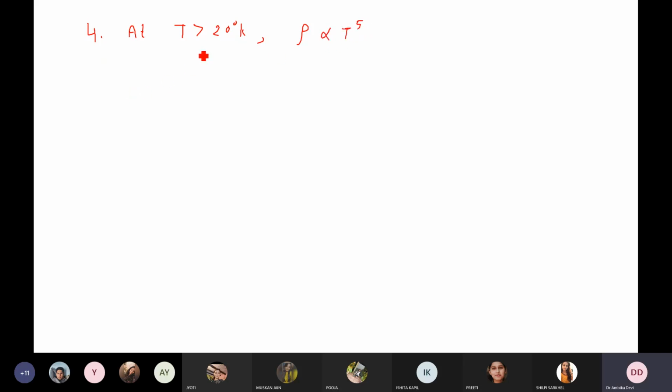Okay, so as the temperature increases, the resistivity drastically increases, and at a temperature above 20 degree Kelvin, the resistivity is proportional to T raised to power 5 for the metals.